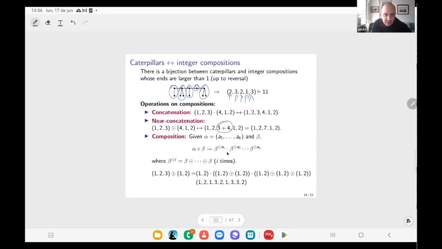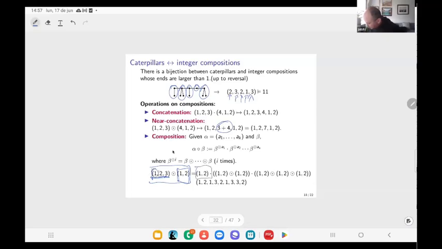And then there is a new one that was defined by Billera, Thomas, and van Willigenburg in 2006, where basically I say, okay, 1, 2 is going to be repeated, but how I repeat 1, 2 is encoded by this composition. So this 1 means that first I put 1 copy of 1, 2.